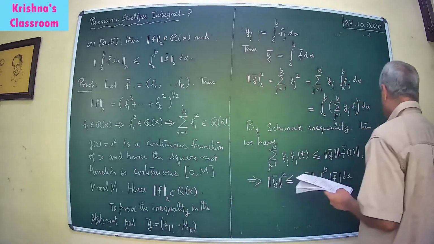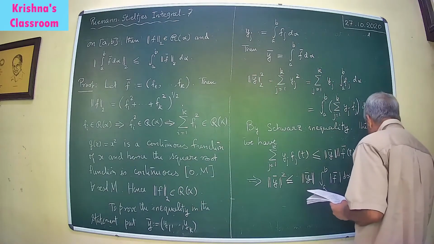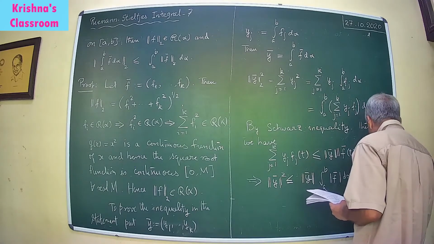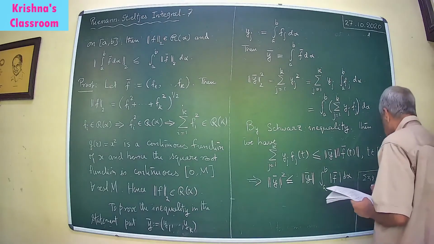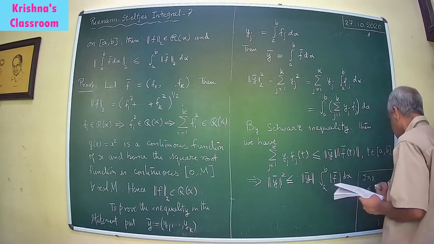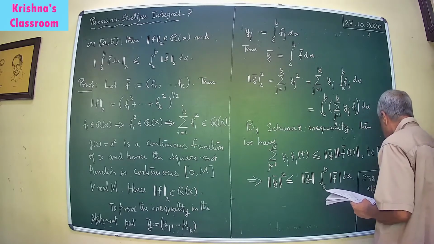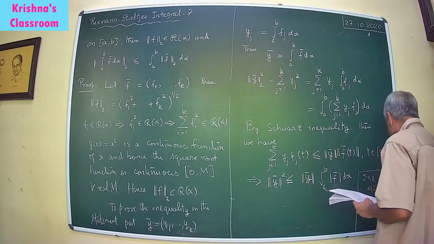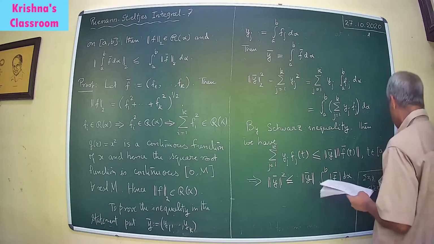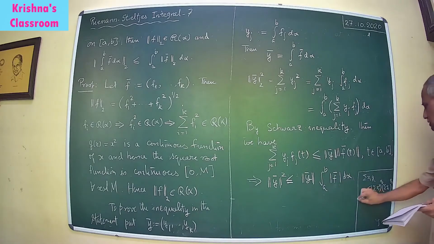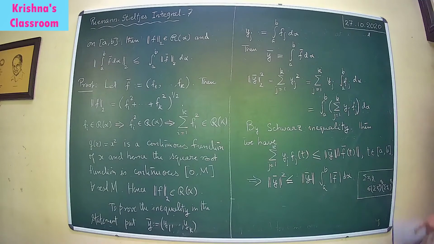This is coming from the following, for real numbers, this is less than or equal to. So we are just using this.